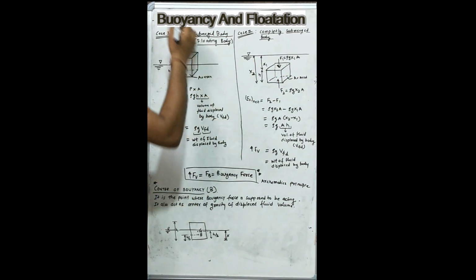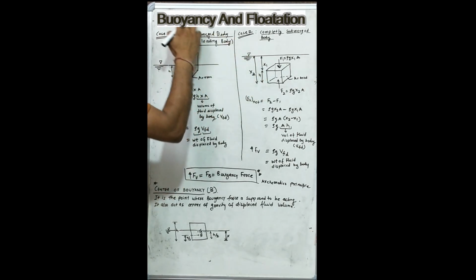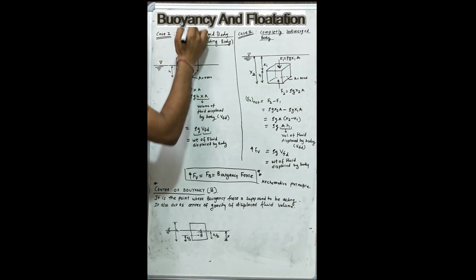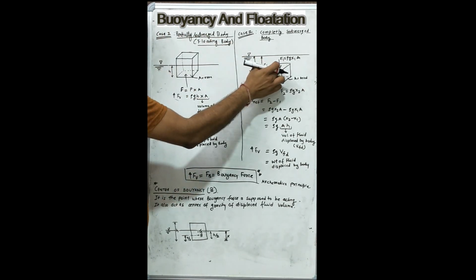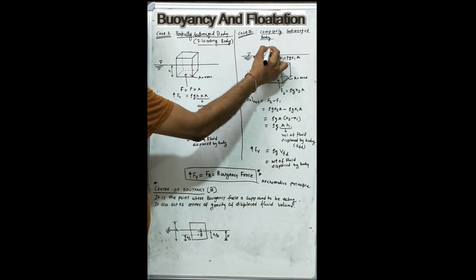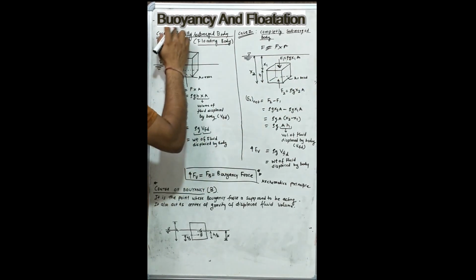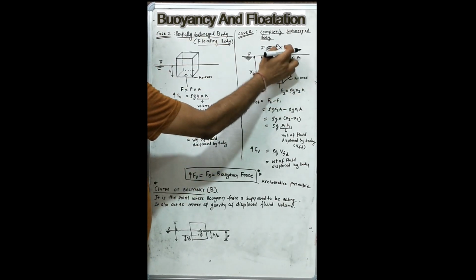It is again rho g into h. Here h is nothing but x1. So this is the pressure acting at this point, and we also know that force is nothing but pressure into area. So pressure is rho g x1 into area A.